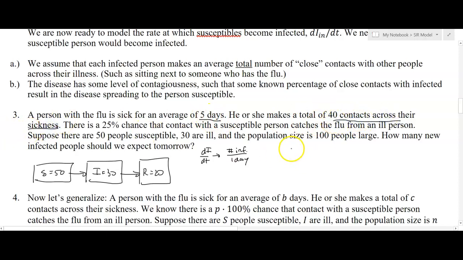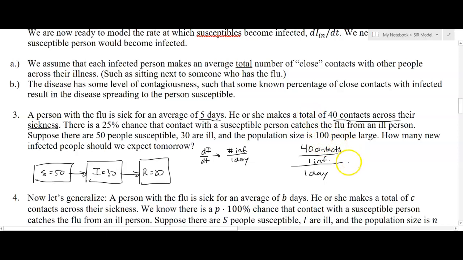Well, that's only for all of the days. So each infected, we have 40 contacts per one infected per 1 day. Right? So each infected person is going to make 40 contacts every day on average.